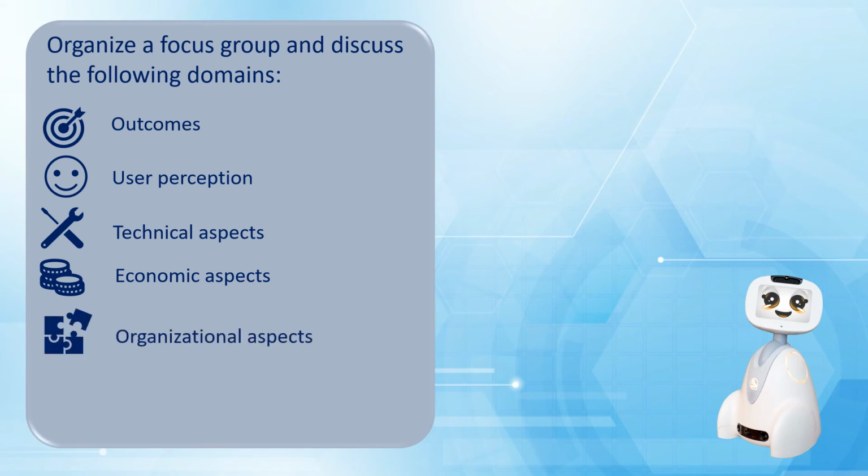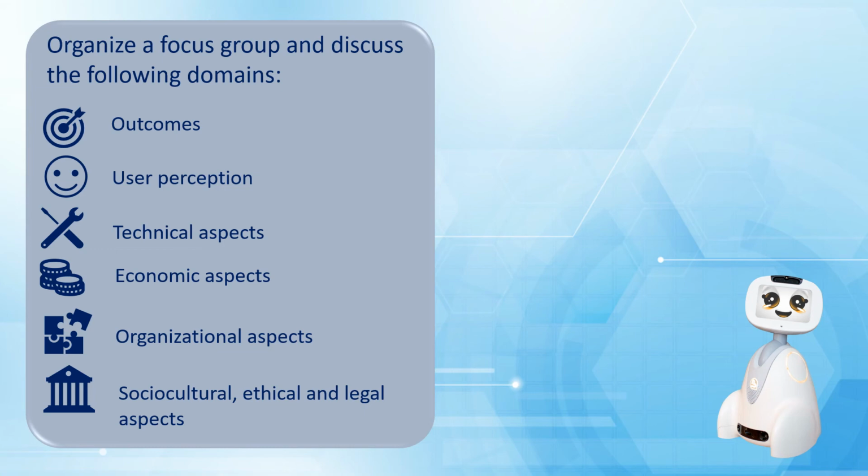Organizational aspects. That is about what is needed to really implement these robots in healthcare, because also the roles and responsibilities of care professionals will change because of using a robot, and it has to be part of a process if you really want it to be used and not to be neglected.